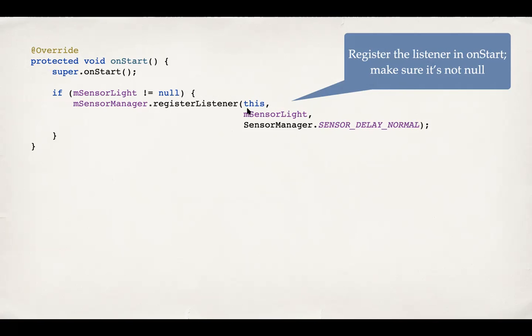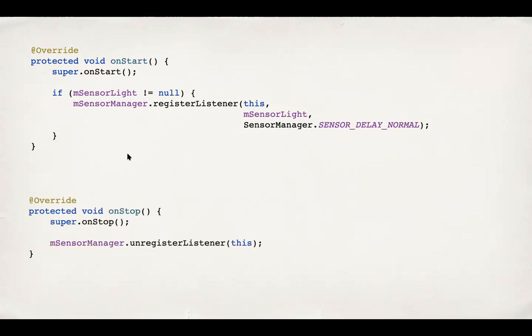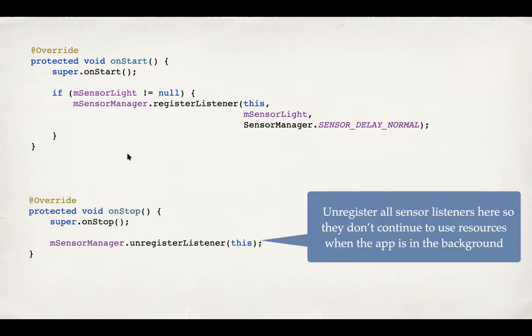Okay, so registerListener gets the context from the activity. The sensor, we check it is not null, and then only register it. And we register with the normal delay. There are different variants, different gradients of delay as well, and normal would usually suffice. Then you have onStop where we simply unregister it.